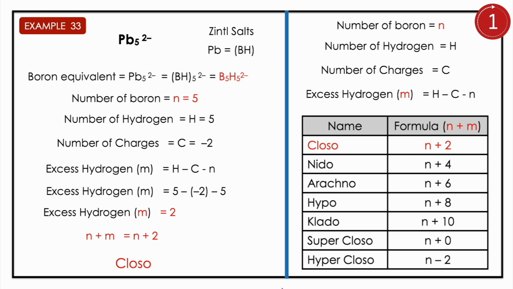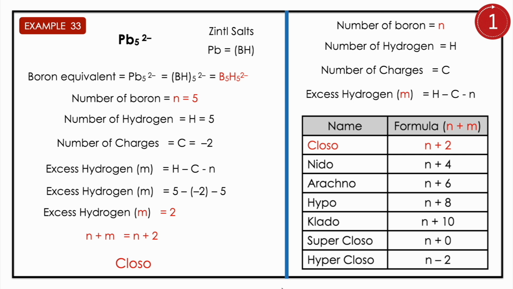Then the compound becomes simple boron. Now we can apply Wade's rule here. For that, the first step will be counting the boron, which is 5. So N equals 5. Then hydrogen. Hydrogens are 5, so H is 5. Charge is minus 2, so C is minus 2.